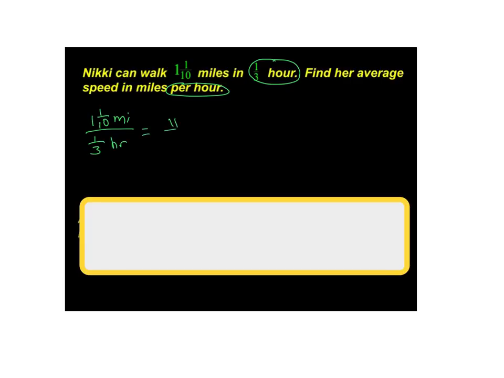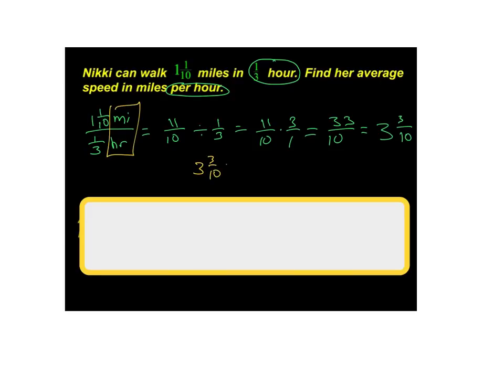That is equal to 11/10 divided by 1/3, or 11/10 times 3/1. Multiply across to get 33/10, or 3 and 3/10. 3 and 3/10 what? 3 and 3/10 miles per hour.